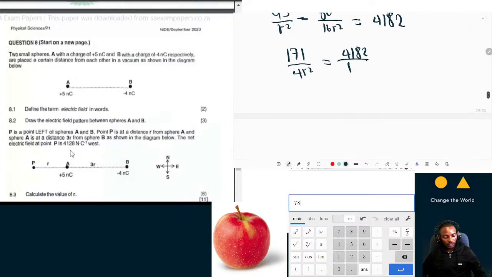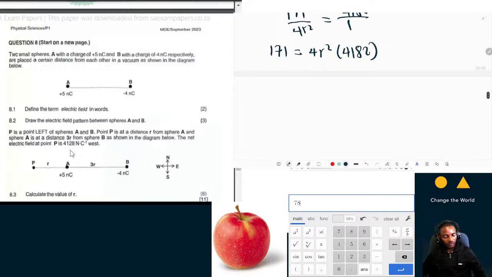Then I can cross multiply. 171 will be equal to 4R squared times 4182. Then I divide by 4 on both sides. 171 is equal to 4 times 4182, which is equal to 16728 R squared.